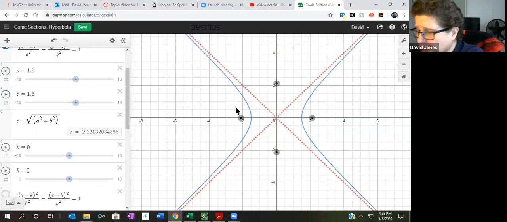So my center comes from H, K. And in this problem, it's 2, -4. What are A and B? A is the square root of the value under X, which is 4.